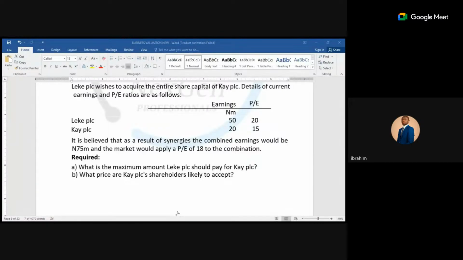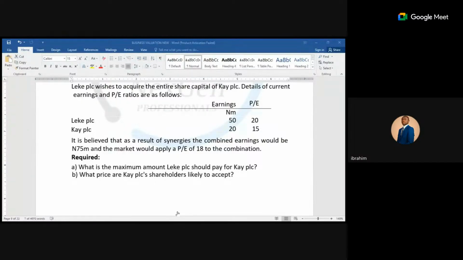Just like we have the PE ratio, market price equals earnings per share, which is profit after tax, times the PE, which will give us the value. And we are talking about the market value, not per share. That is the reason why you are given 75 million, which is in value. When you multiply it by the PE ratio, it gives you the market value of the combined company.